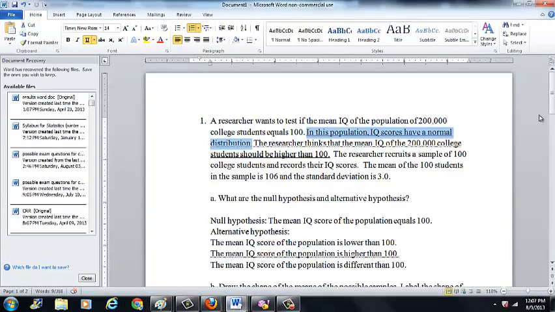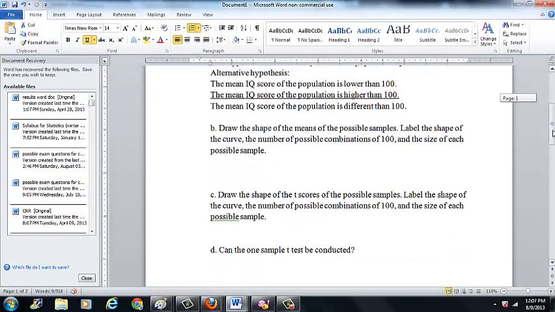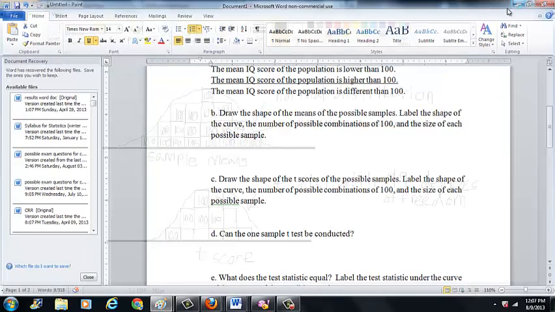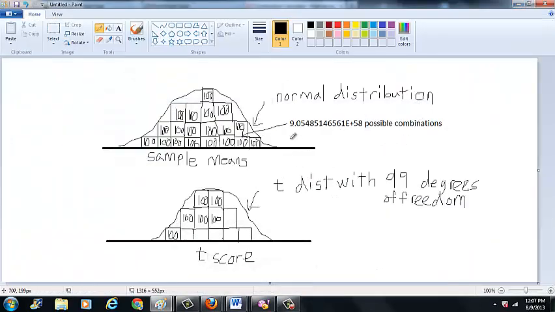Let's see what it asks next. Label the number of possible combinations of 100. The number of combinations will be the same. It's still the same number of combinations of 100. It's just now they're all stacked above their t-scores instead of above their means.